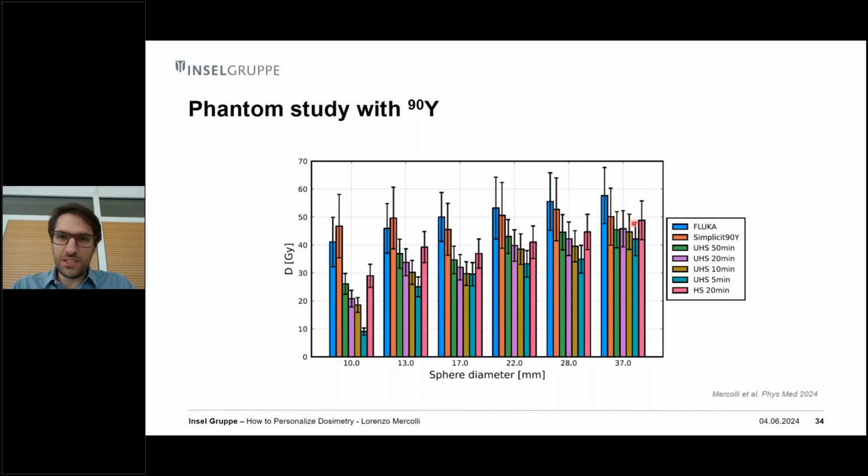As the sphere diameters increase, the spill out becomes less relevant, and relative to the full Monte Carlo, the local deposition model's overestimation decreases. If we look at the semi-Monte Carlo, these other bars here for different image reconstruction parameters, you see that for almost all sphere diameters, there's an underestimation of the dose.